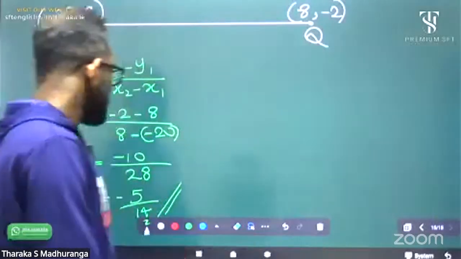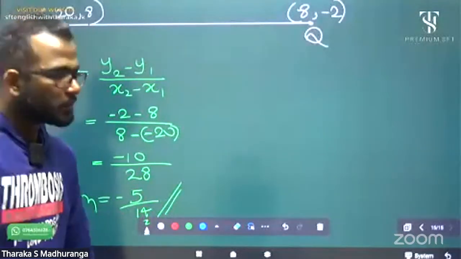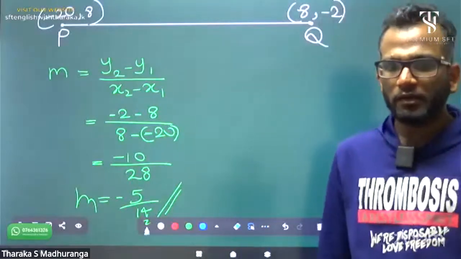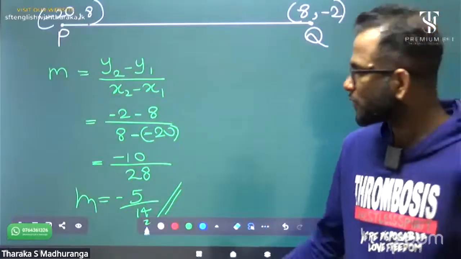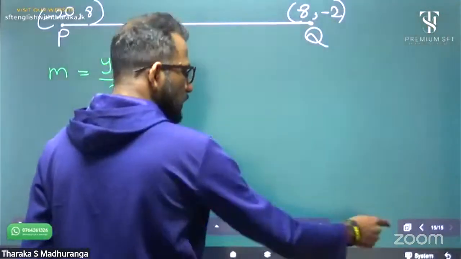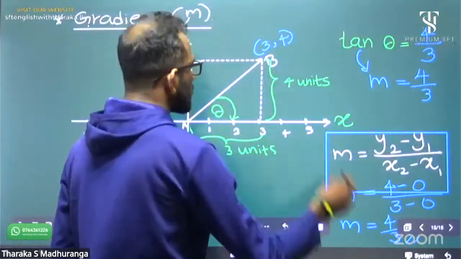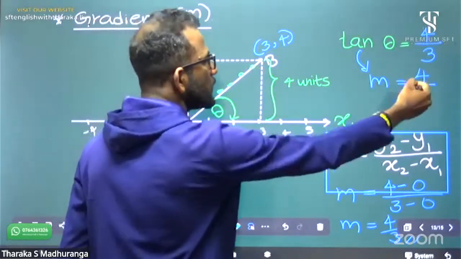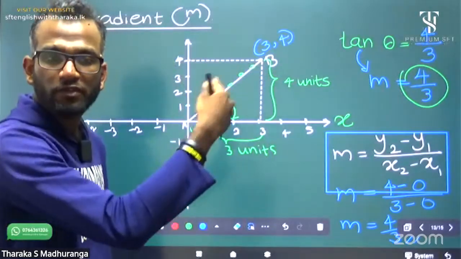No, there is no unit for gradient. It's just a value. It's a constant value. No units. If you got a straight line, it's not changing. Take this point, this point, this point, the gradient is 4 over 3. But x and y values vary.